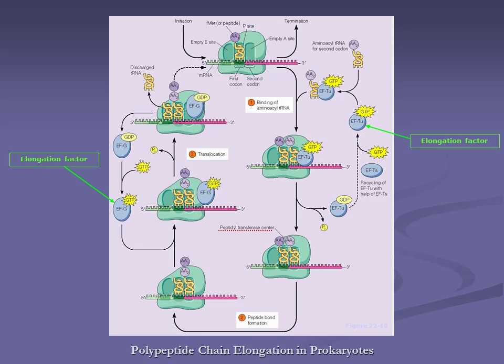Now we've got our growing chain and the transfer RNA in the P site, the empty first methionine transfer RNA in the E site, and it gets ejected. Once the ejection happens, once our elongation factor G is in the A site, it pops off and does it again. Now what we have is another round where we've got a transfer RNA now with 2 amino acids in the middle, and it just keeps doing this and doing this and doing this, and that's the elongation.